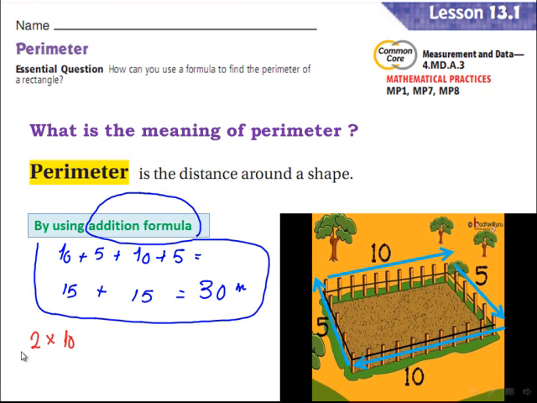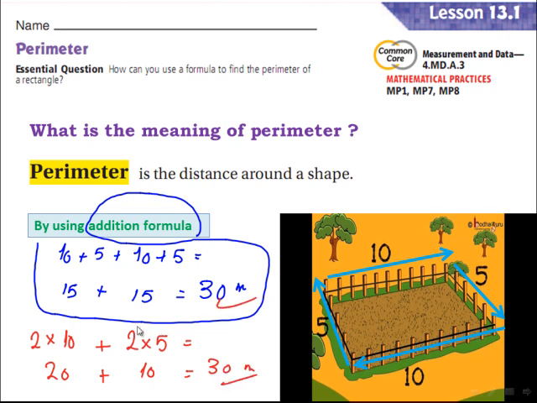So, I'm going to multiply 2 by 10, plus, how many 5s can you see? Exactly 2. So, I'm going to multiply 2 by 5. Let's calculate it. 2 times 10 equals 20, plus 2 times 5 equals what? 10. 20 plus 10. Great. 30. 30 meters. The same answer.